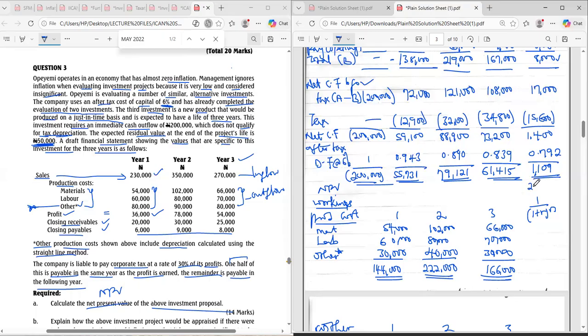Two, 6, 2, 4. Positive. That is all. So the investment is viable because it gives us a positive NPV, and it should be embarked on. Any question? That is all. Any question, please?